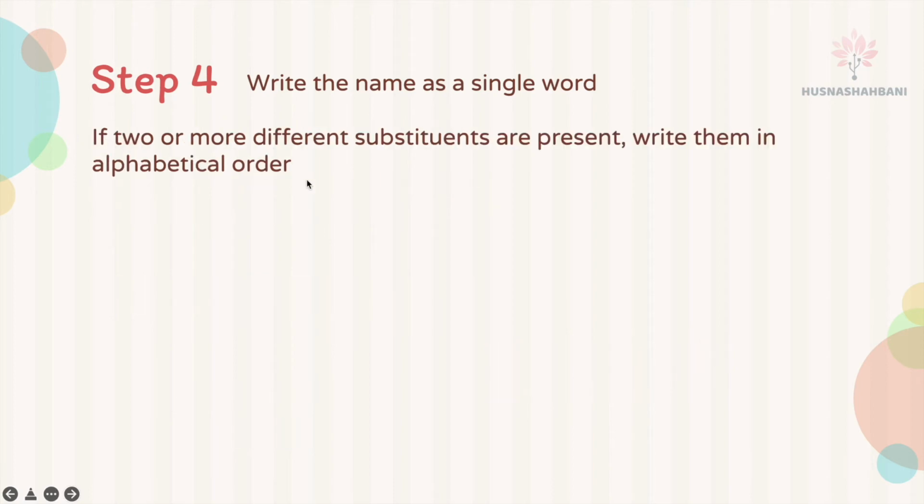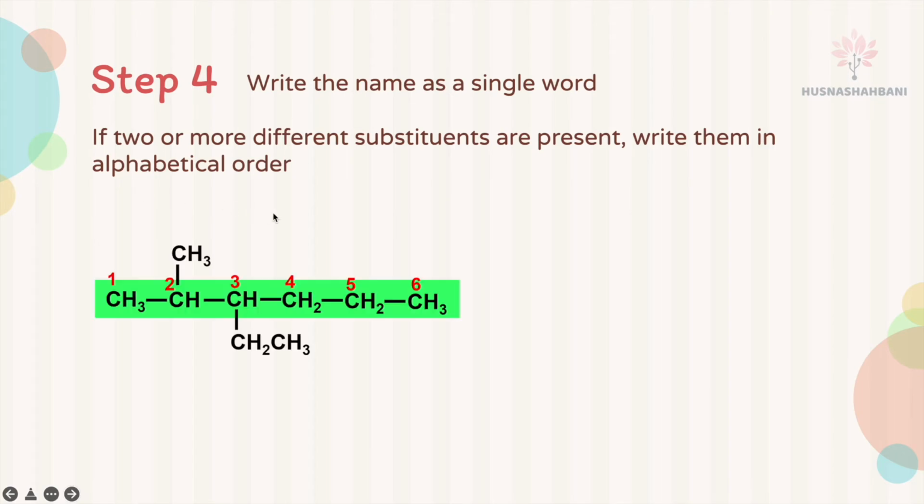If 2 or more different substituents are present, write them in alphabetical order. So here, start counting from the left because the substituent will get number 2. Methyl at number 2, and then ethyl at number 3. So we have substituents 2 ethyl, 3 methyl. Parent name hexane, longest chain 6 carbons in total.